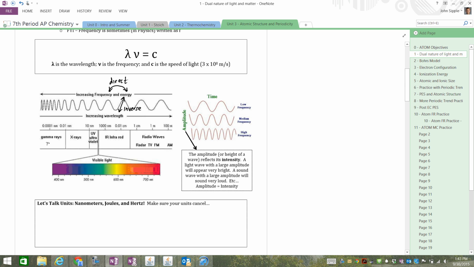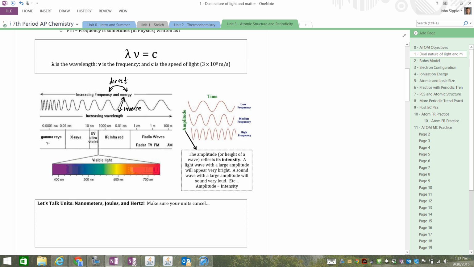It's still the same wavelength, which ultimately means it has the same amount of energy. It's just its intensity, like how bright the light is. You might have a really bright red light, or a very dim red light, still the same wavelength of red light. Does that make sense?